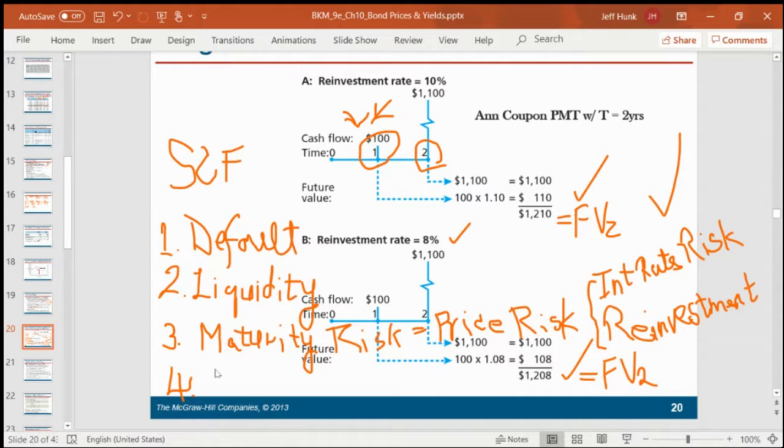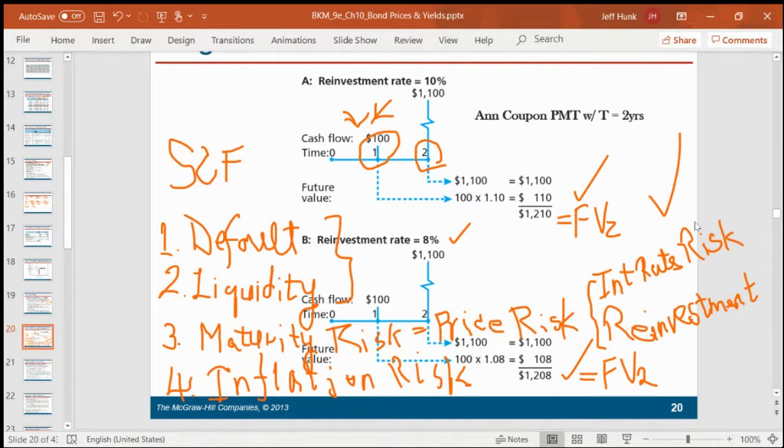And then the fourth one is the inflation risk. Think about it. The first one and the second one, default and liquidity, are borrower specific, right?